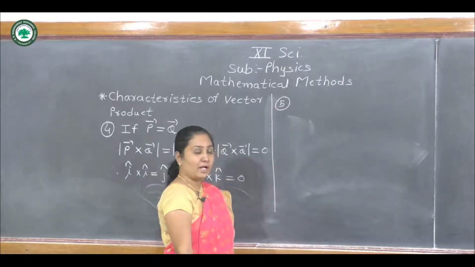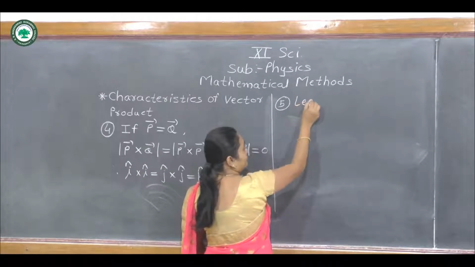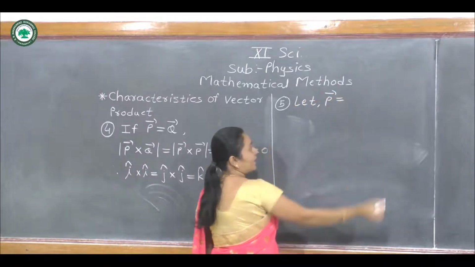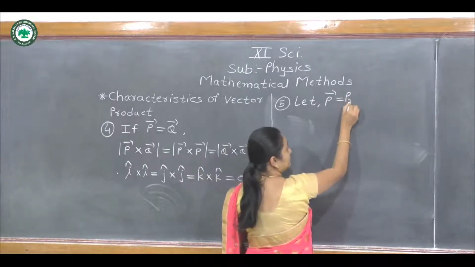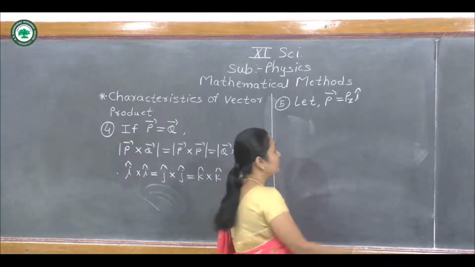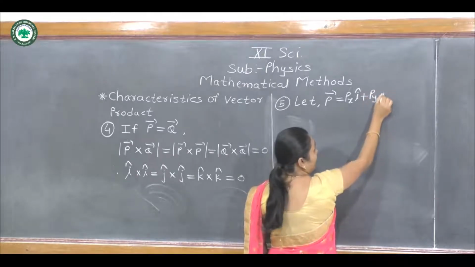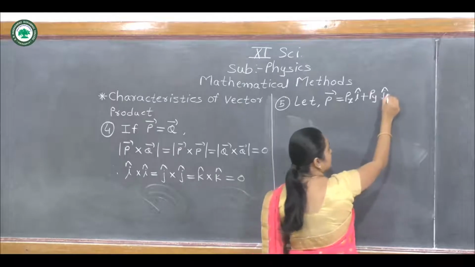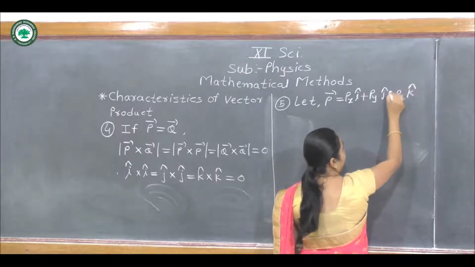Let us assume the two vectors are: vector p bar is equal to px i cap plus py j cap plus pz k cap.